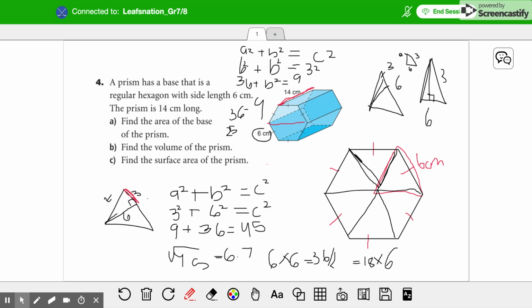Then the square root of 25 is 5. So that means 5 is our height. We know the base is 6 and the height is 5, so 6 times 5 is 30, and 30 divided by 2 is 15.